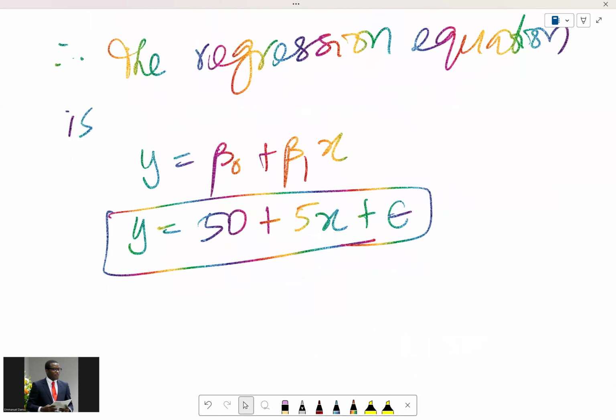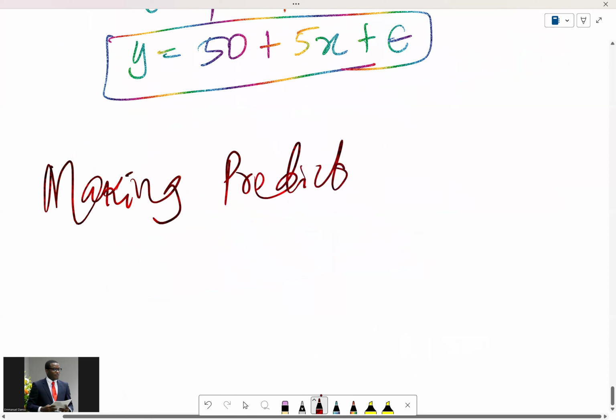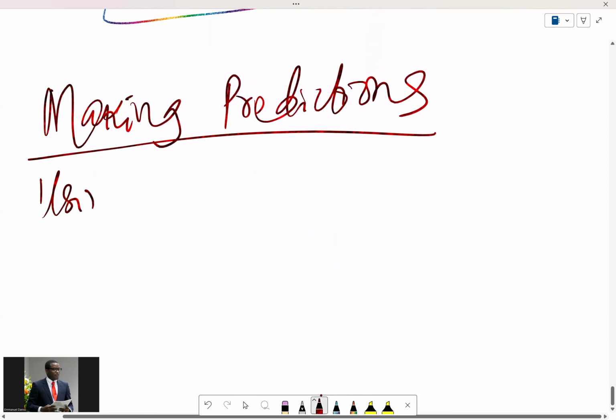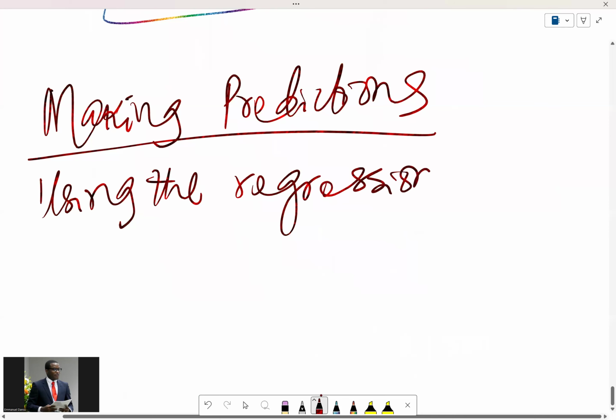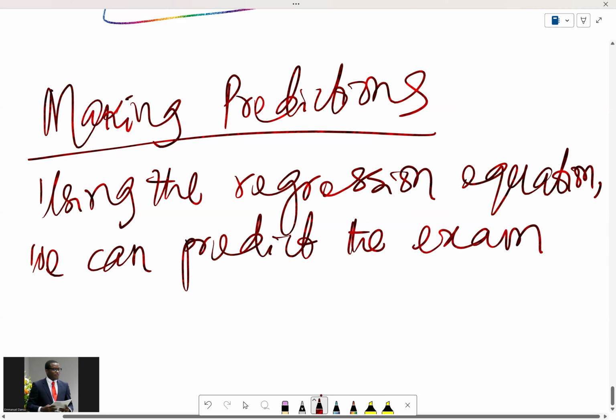So let me go on and talk about making predictions. Using the regression equation, we can predict the exam score for any number of hours.